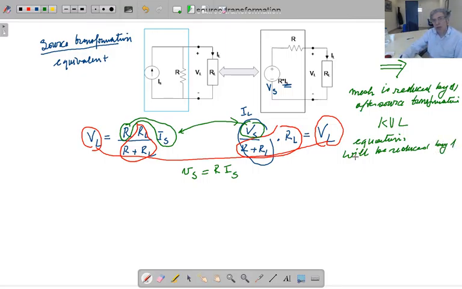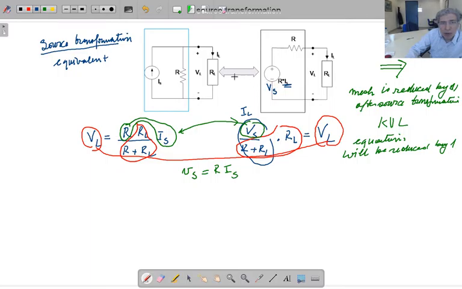So we examined the use of this transformation from left to right. What happens if this circuit is given to you and you transfer this circuit to this one? So make it in a different color in this area, or make it blue.